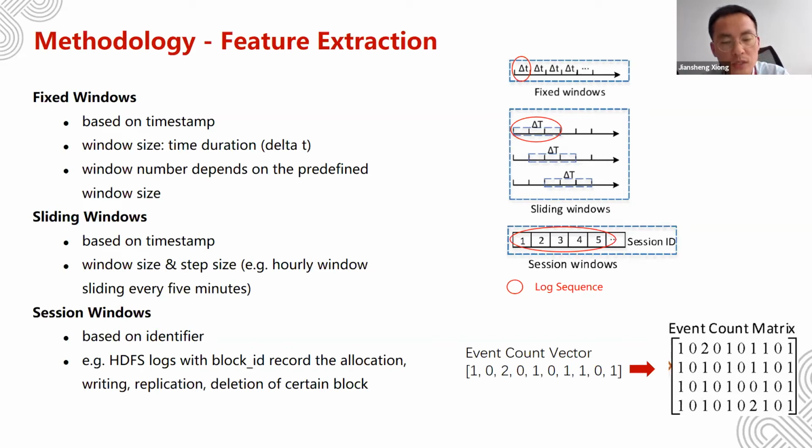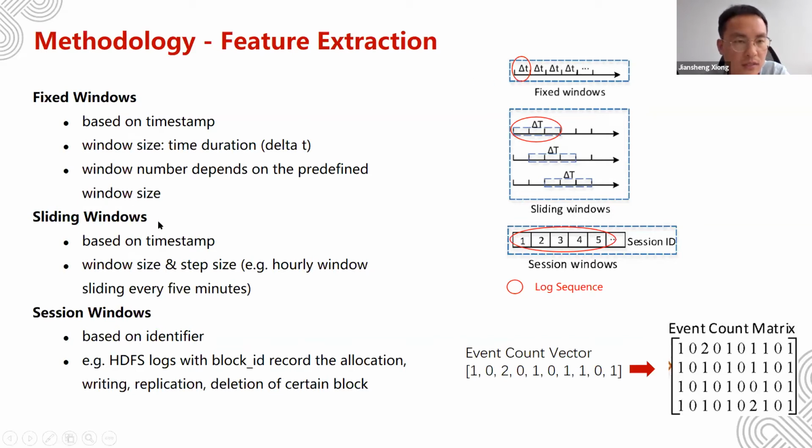Each fixed window has its size, which means the time span or time duration, as shown in this figure. The window size is delta t, which is a constant value, such as 1 hour or 1 day. Thus, the number of fixed windows depends on the predefined window size. Logs that happened in the same window are regarded as a log sequence.